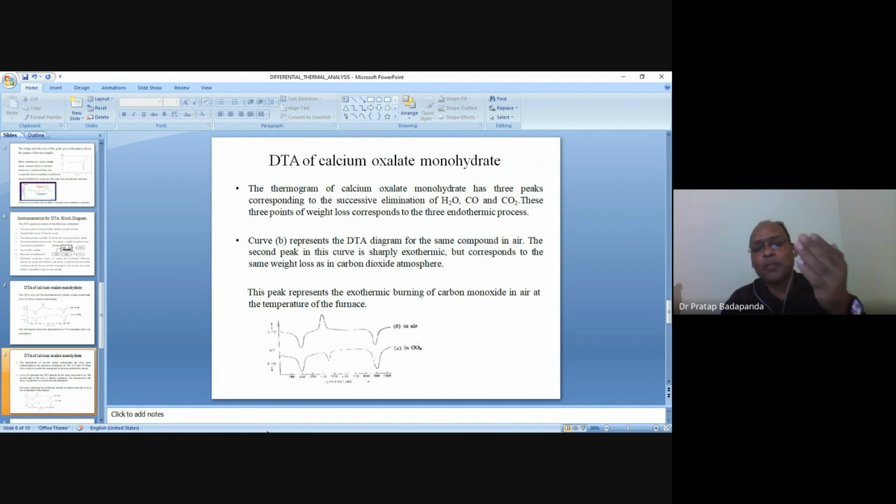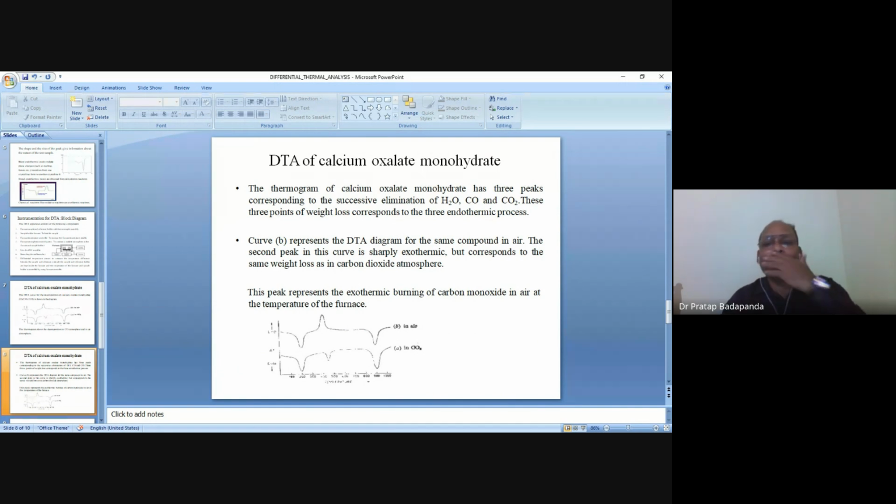In A, the three peaks go downwards. But in B, the middle peak is in the upward direction, and the first and last of the three are downward. In A, when carbon dioxide is provided, all three peaks are downwards. Let's understand that.